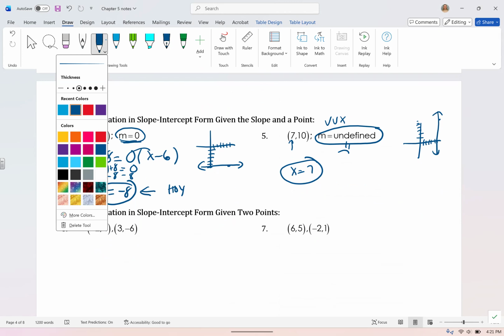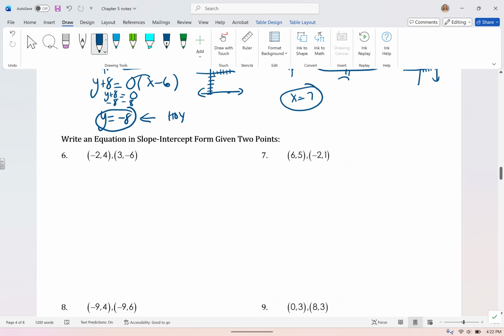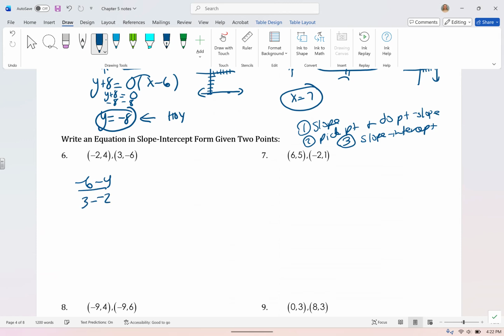Okay, next question. If you're given 2 points, step 1, find the slope. Step 2, pick a point and do point slope. Step 3, we are going to get it into slope intercept. Okay, so here we go. Let's do -6 minus 4 over 3 minus -2.